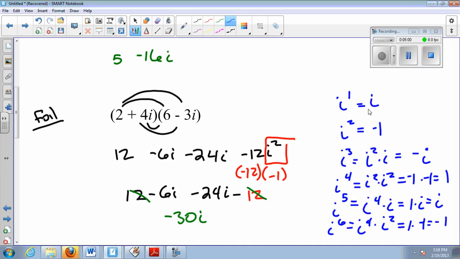You can see a pattern developing: i, negative 1, negative i, 1, i, negative 1. What's going to be the next in sequence?